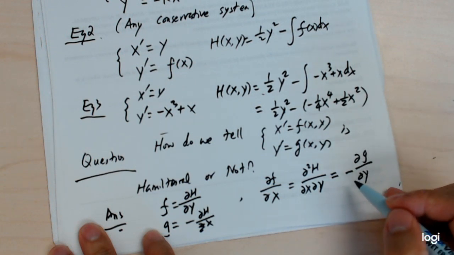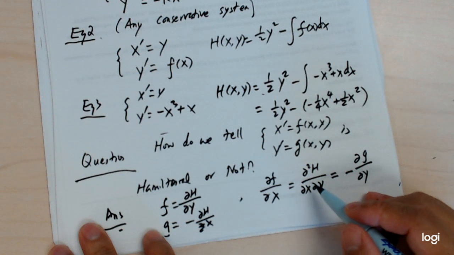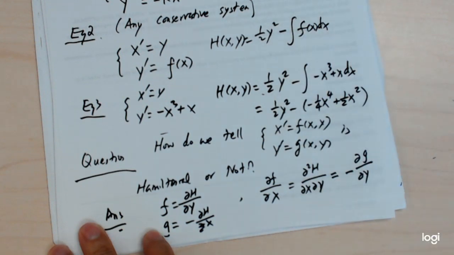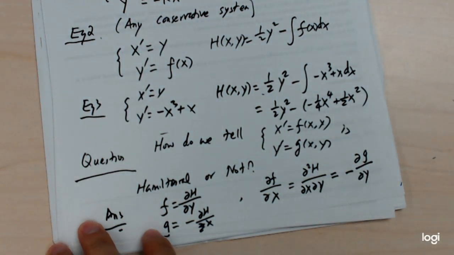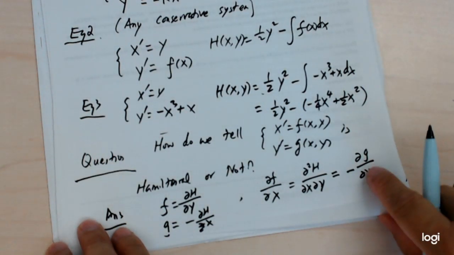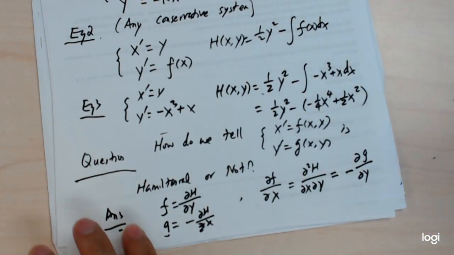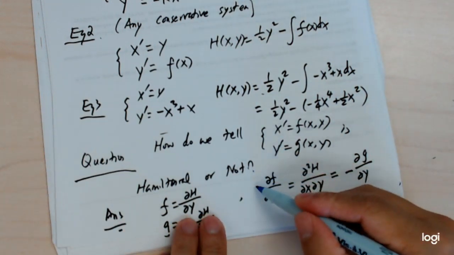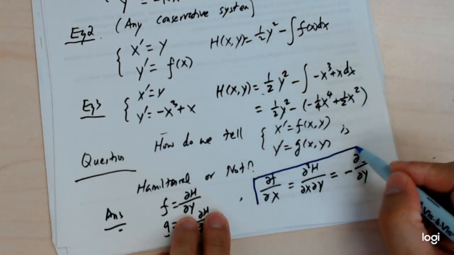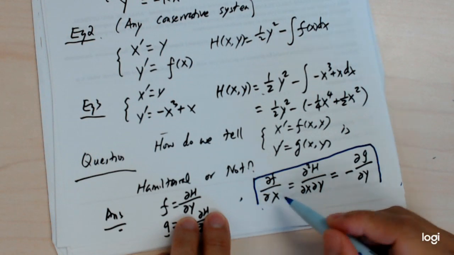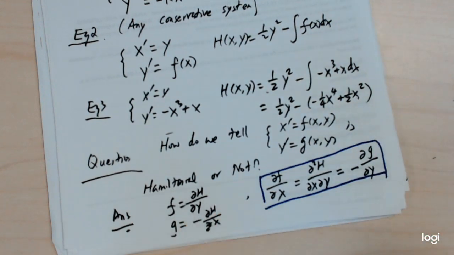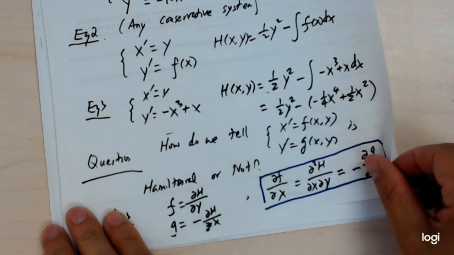This will give you another mixed derivative, identical to this. So this is the single criterion that we're going to use. If f and g satisfy this, then it is Hamiltonian.